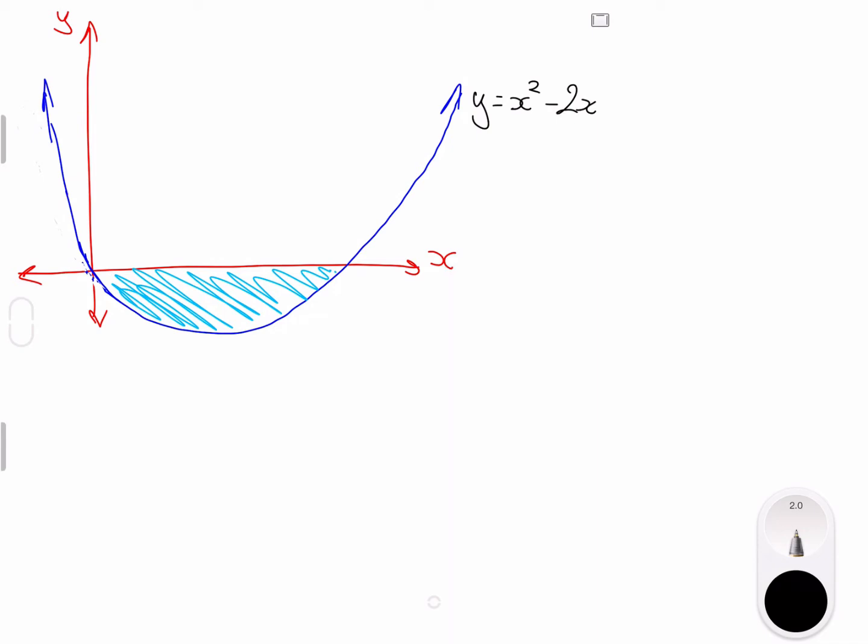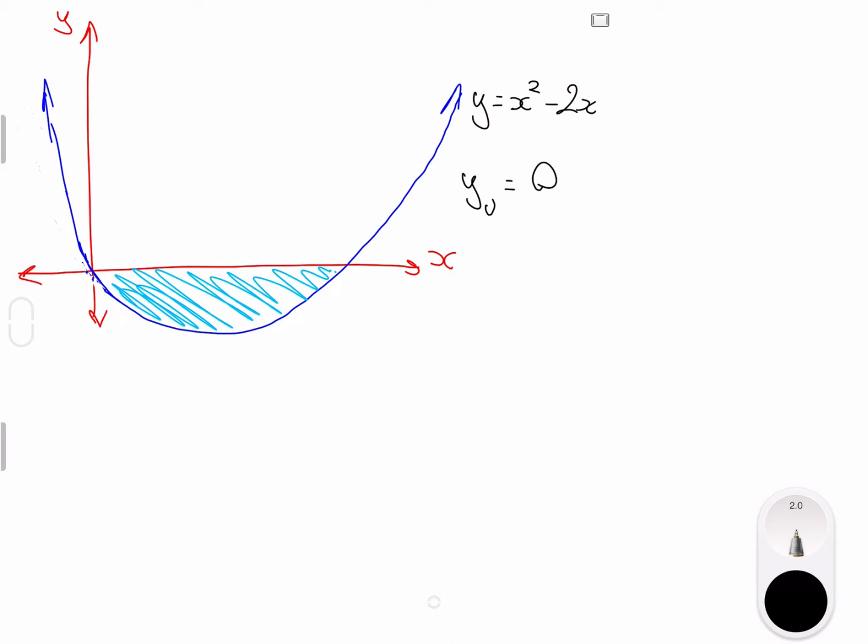Now, you might be saying, well, where's the second function? Well, in this case, we could say that the second function, and I'm going to call this one the upper one, y u is just going to be equal to 0, because when y is equal to 0, it's just along the x-axis.